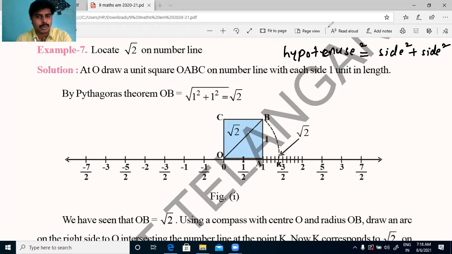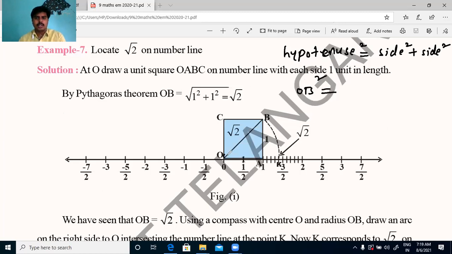Just to represent root 2. How do you represent root 2? By making a unit square, and we find the diagonal of that square, and the diagonal length is root 2. How did it become root 2? By using the Pythagoras theorem. Hypotenuse is nothing but OB in the diagram.